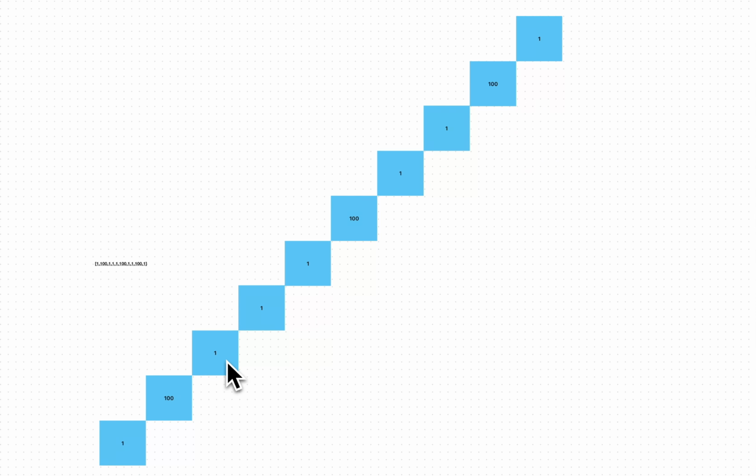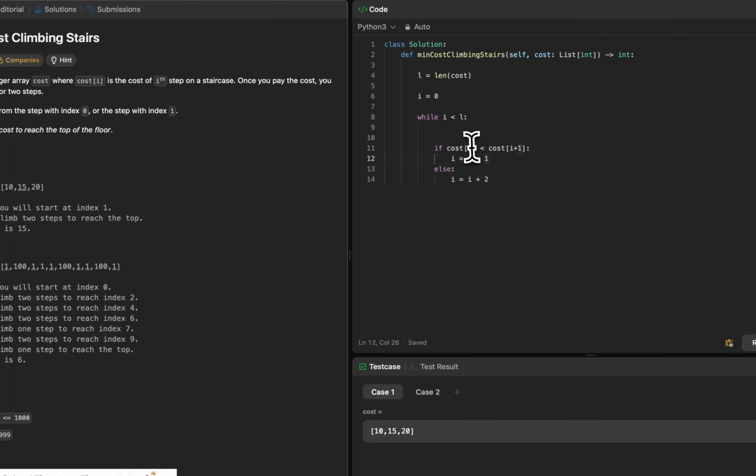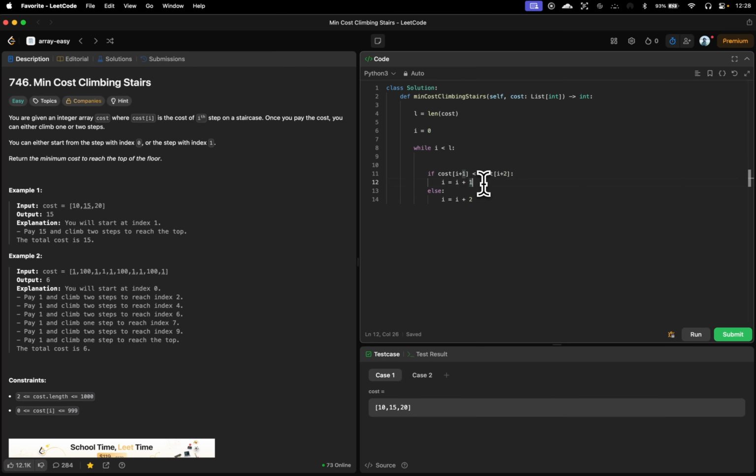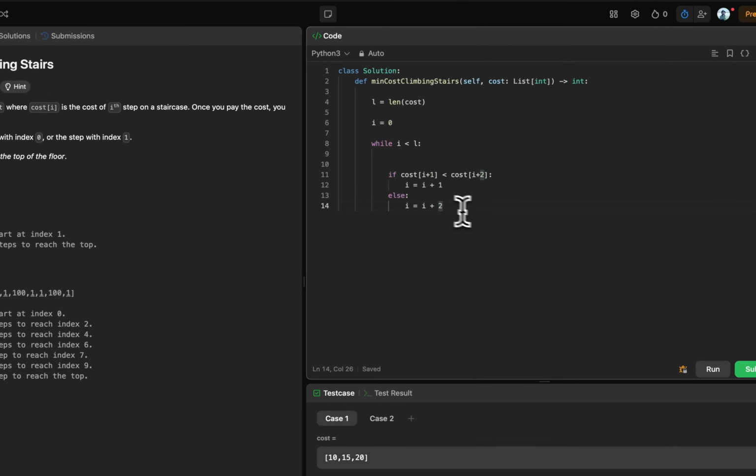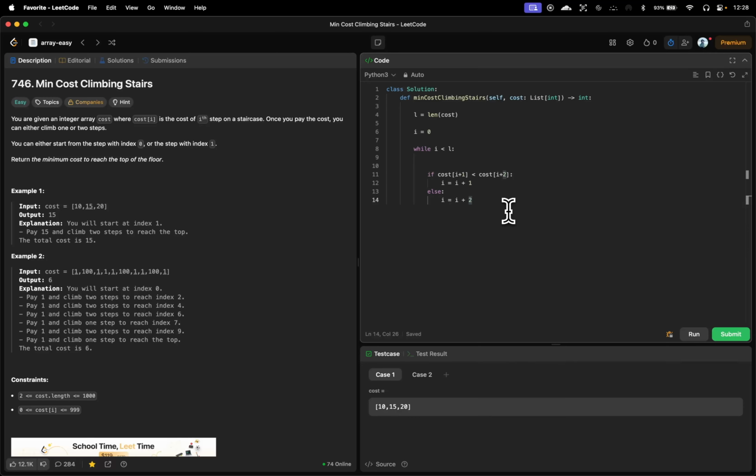Okay, let's start from here. i plus 1 and i plus 2. If i plus 2 is greater, then go ahead and increment by i plus 1. Otherwise, if it is less, then increment by i plus 2. That's fine, and we go there, and in the cost, add the value of that.